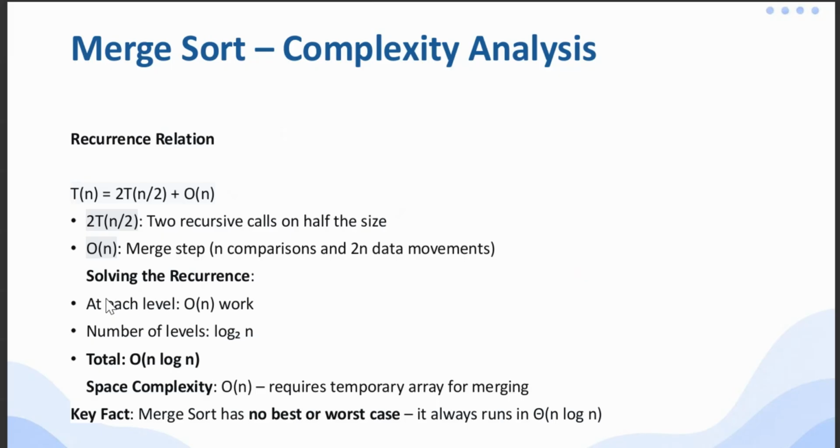Total O(n), right? And at level 2, you have 4 subproblems, right? Likewise, it becomes n/4, so each doing O(n/4) work, right? The complexity becomes O(n), right?